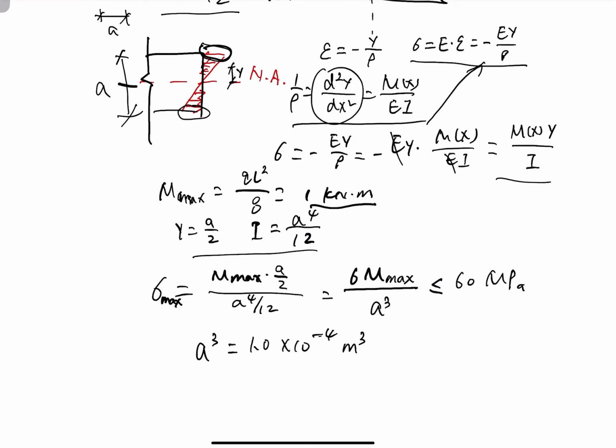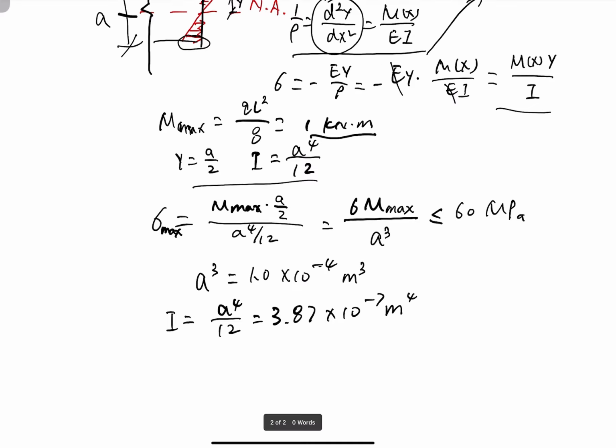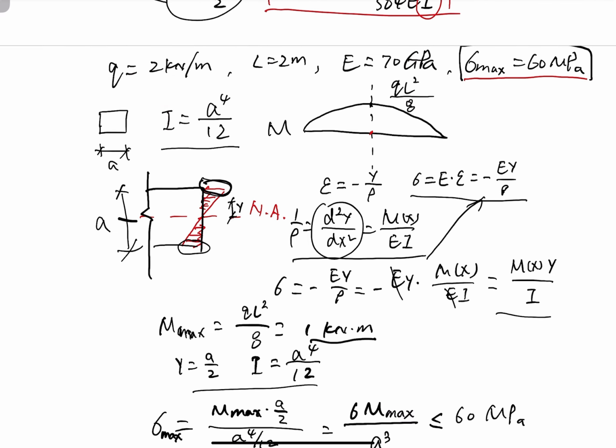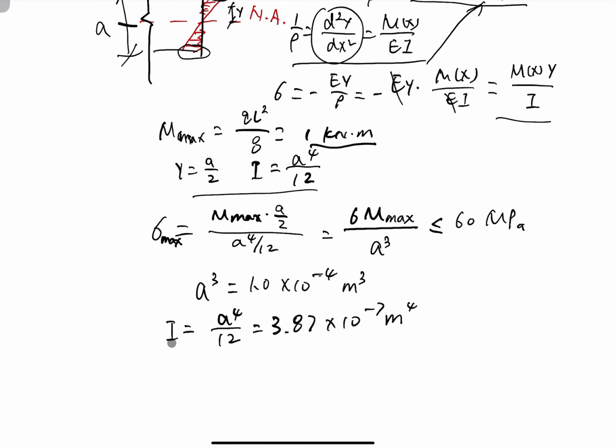Once we know the value of a, we can calculate the moment of inertia, a to the fourth over 12, which is equal to 3.87 times 10 to the negative power. This is the moment of inertia. Once we know it, we know q, we know L, we know E, and now we know the moment of inertia.